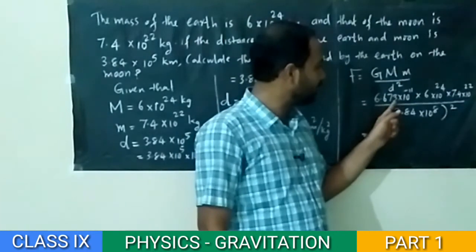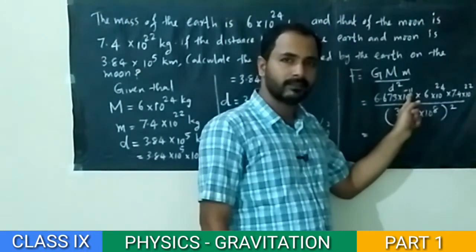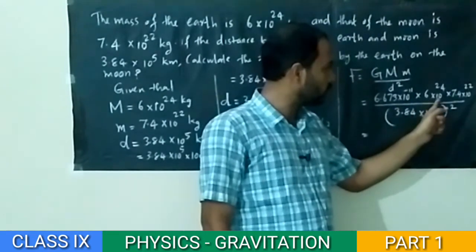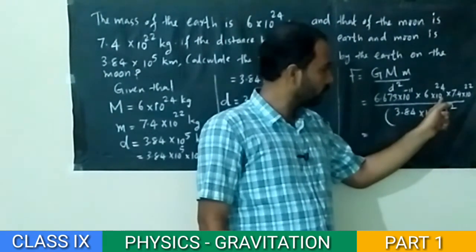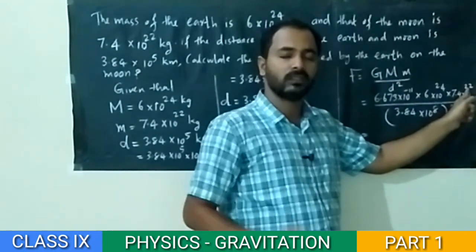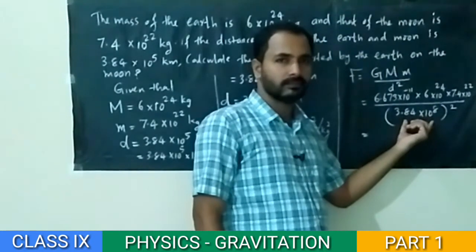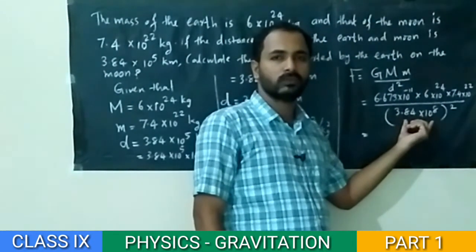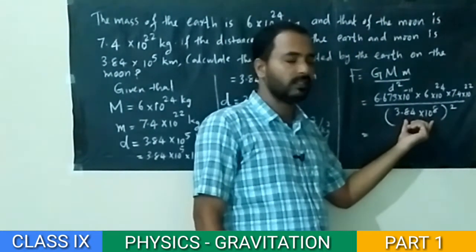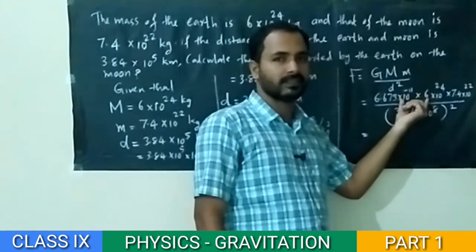First you multiply 6.673 × 10^-11, 6 × 10^24 and 7.4 × 10^22. First multiplication. Then divide by this value squared. First you find the square of this value, then divide with this answer.